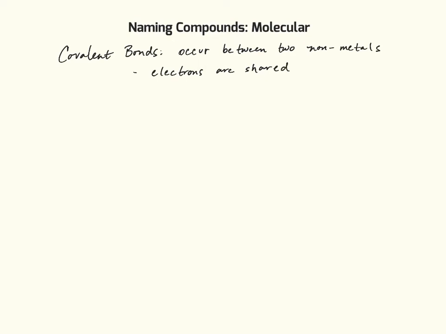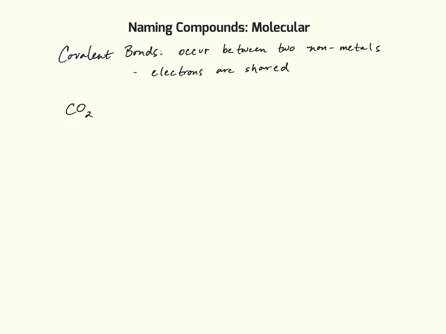All right, so these are a little bit simpler to name, and I hope you saw that if you started the molecular compounds poll. So basically to identify these, we just need to see that there's two nonmetals in a particular chemical formula. Let's say that I have CO2.